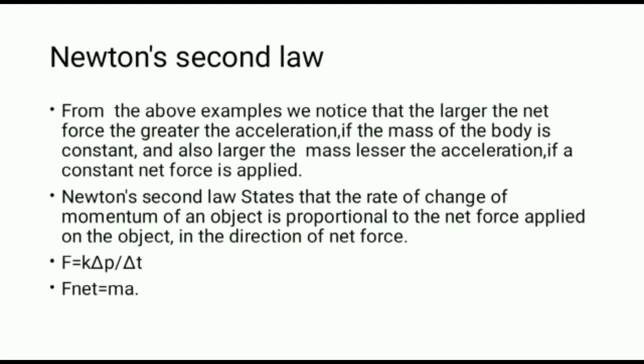So, F net is equal to K times delta P by delta T. F net is equal to m a. Here m is mass, a is acceleration.